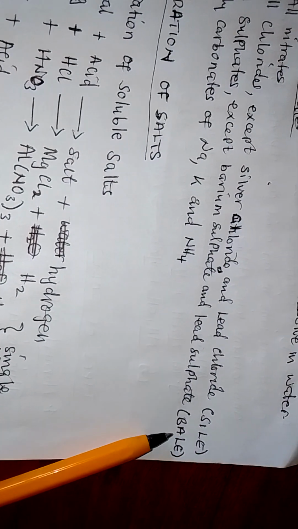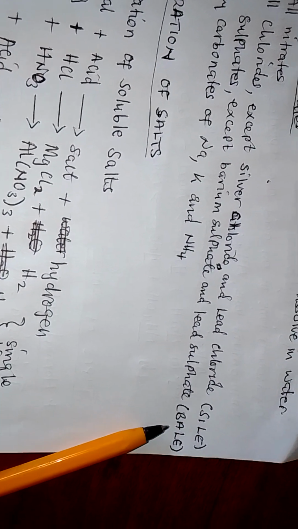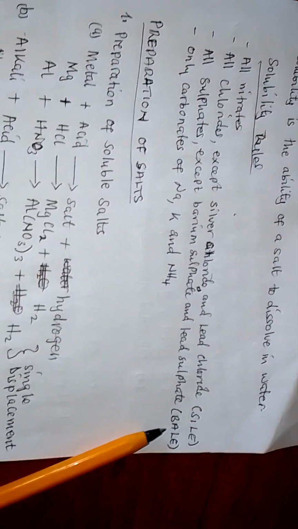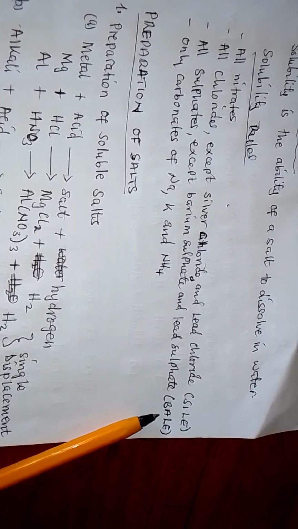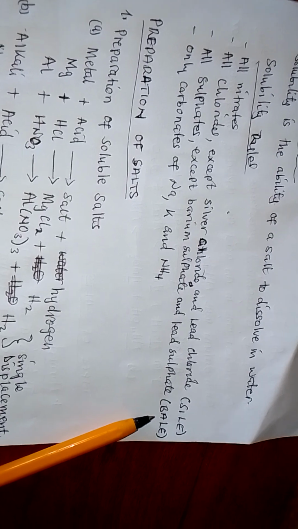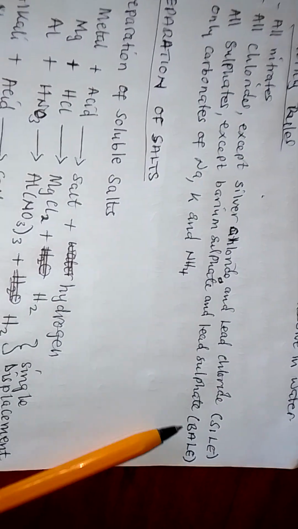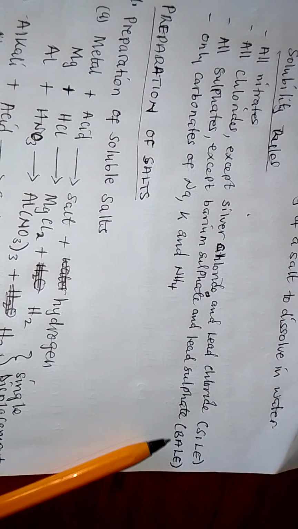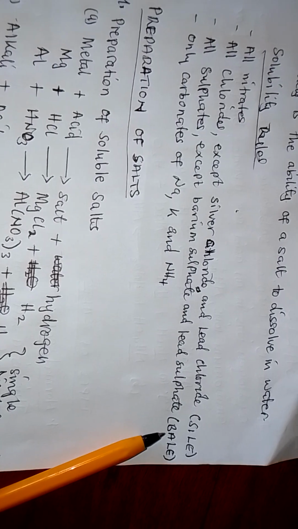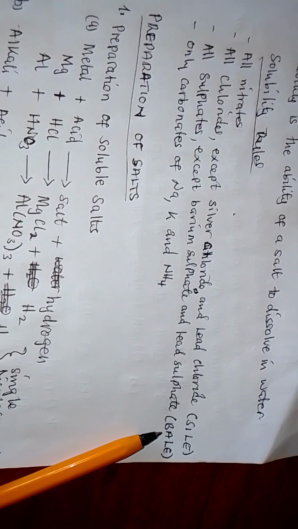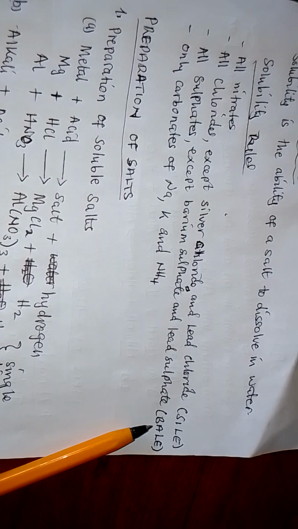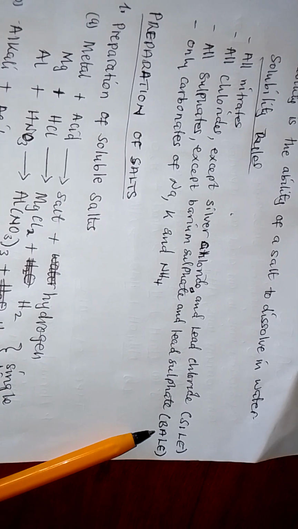So think of that player Bale. You know, you guys who watched Tottenham so much. There was a player called Bale. Also, he played for Real Madrid. Bale. At least this mnemonic can help you remember the sulfates that are insoluble.